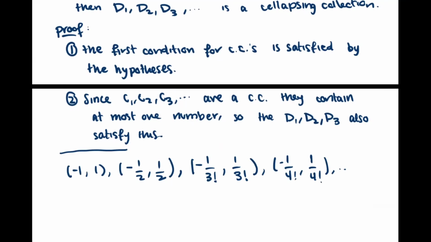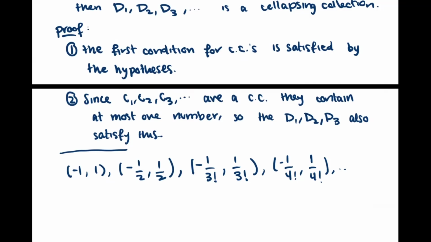Yeah, so I guess we could probably use an argument similar to the earlier one, drawing a picture and saying that this is contained in this. And then to show that there's at most one number contained in all the intervals, we'd have to go through what we did in the last proof again. But we're going to have better tools. We're proving things right now that will make this a lot easier.